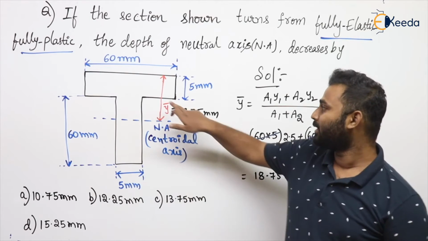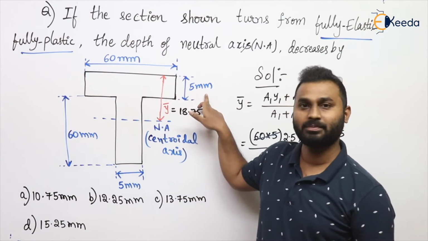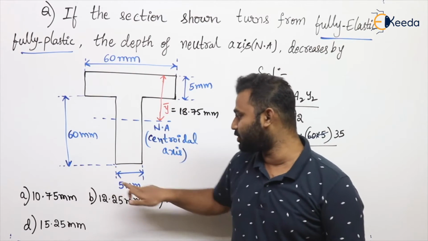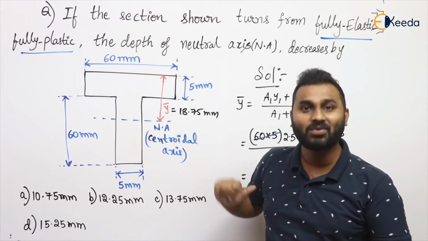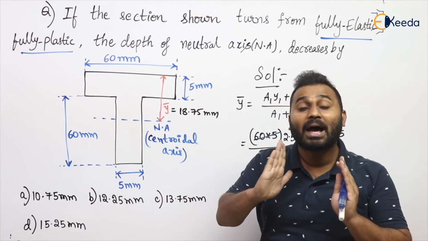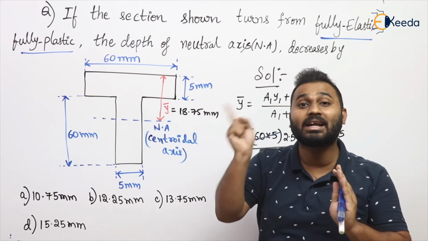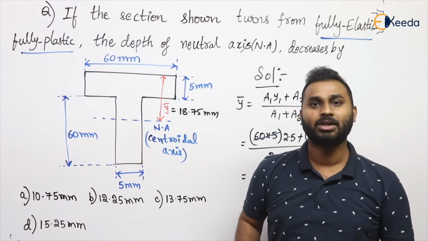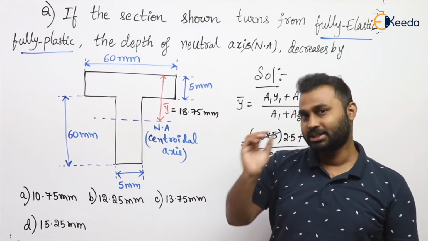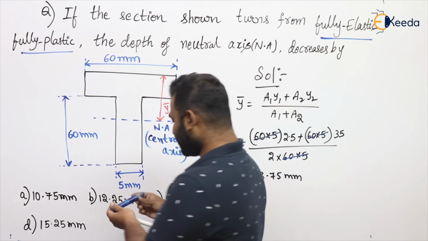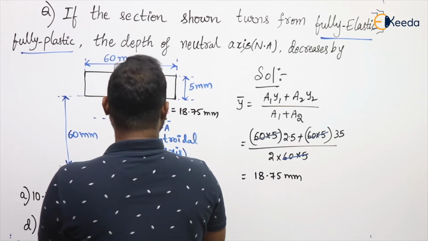The reason: the area of the flange is 60 into 5, and the area of the web is again 60 into 5. So both the areas are equal. As both the areas are equal, the plastic neutral axis lies exactly at the junction of the web and flange. Therefore, without any calculation, just by visual inspection, we can say where the plastic neutral axis lies.